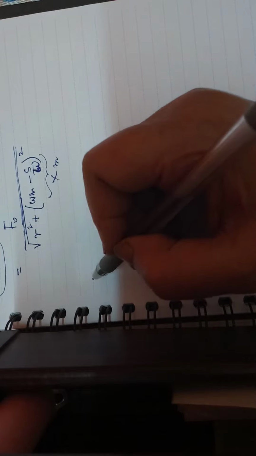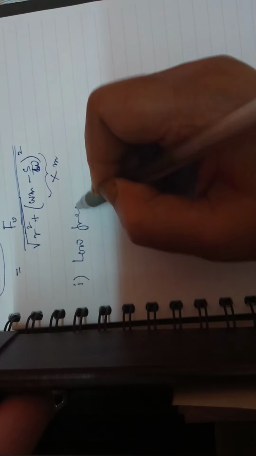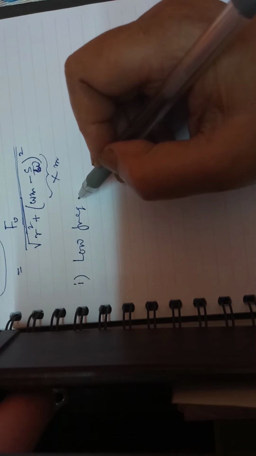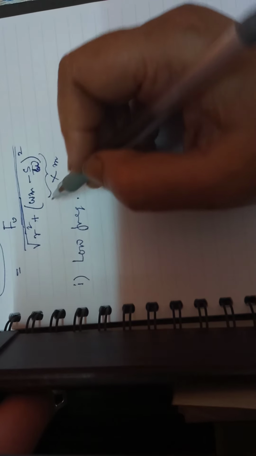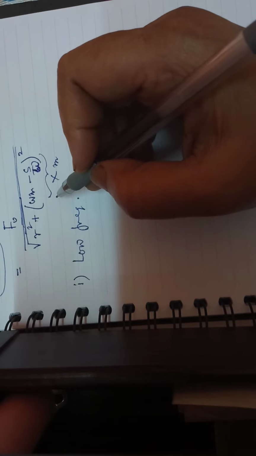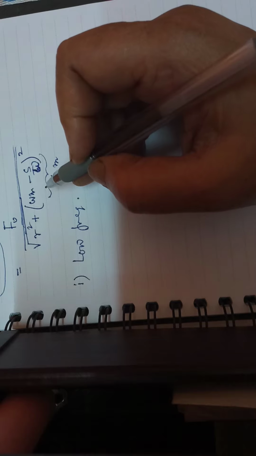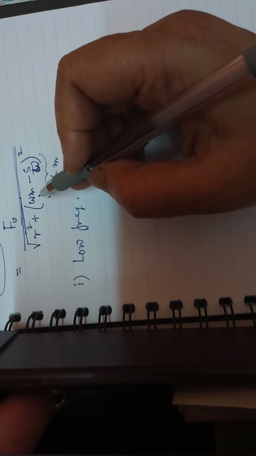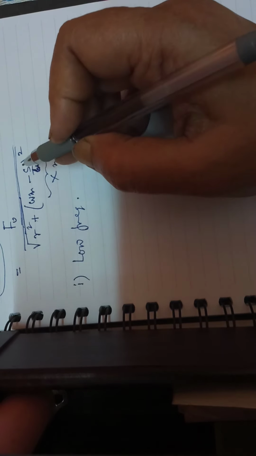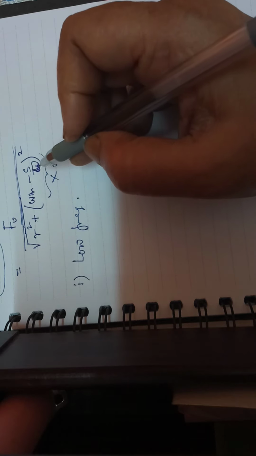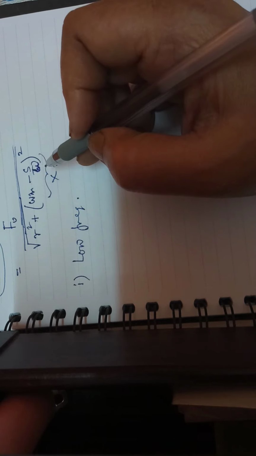All right, so you see, therefore, if you consider three cases, number one, low frequency. According to this equation, this part has two components, omega m and s by omega. So for low frequency, this one will be a large quantity.